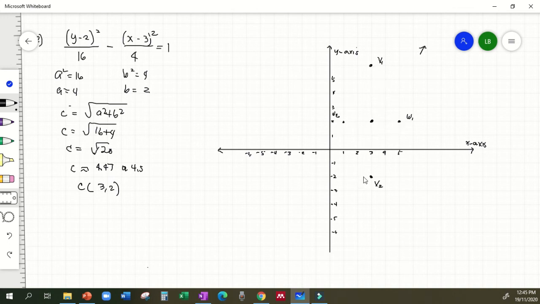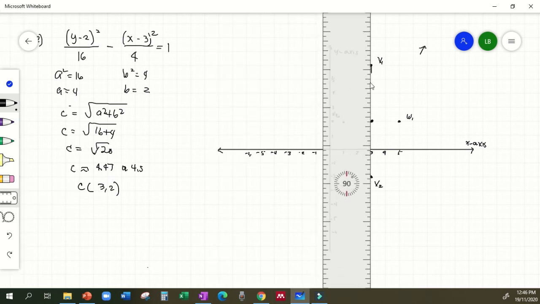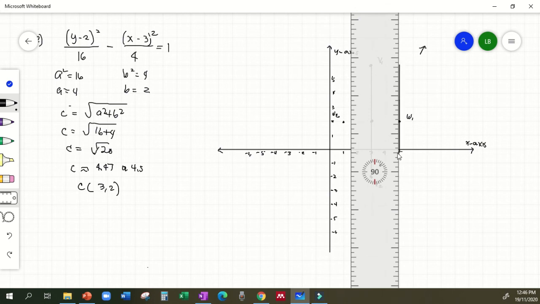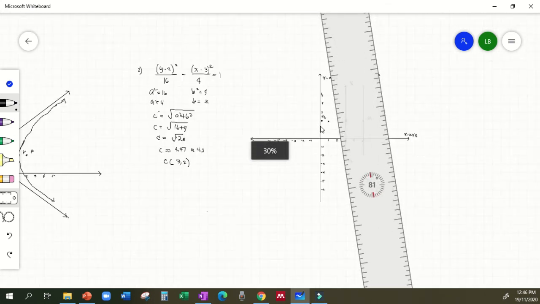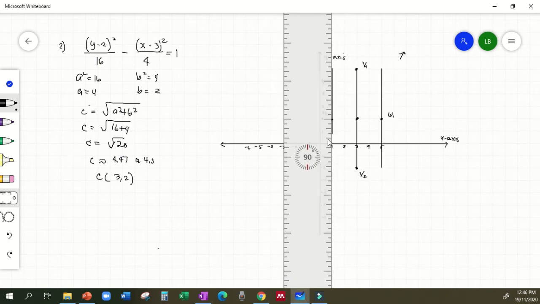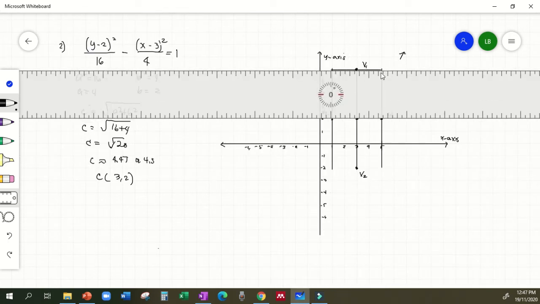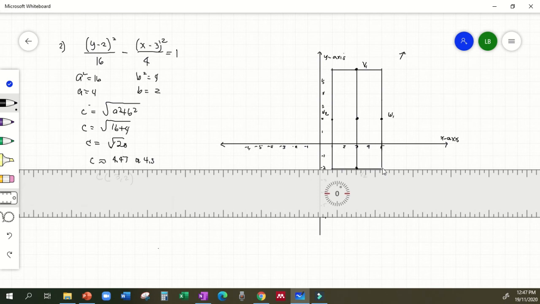Ito yung transverse axis. So, let us draw the auxiliary rectangle. Yan.